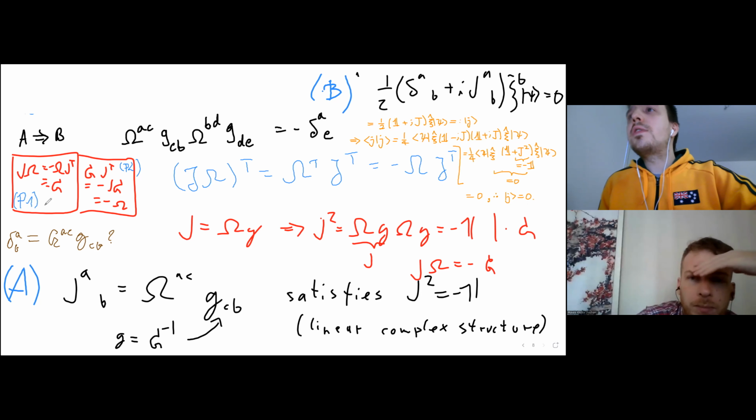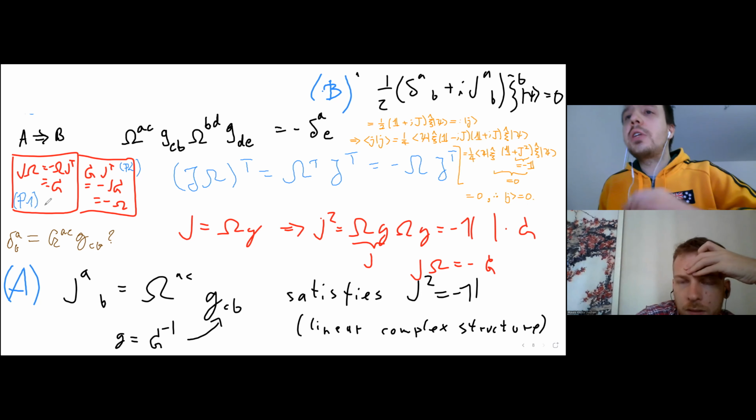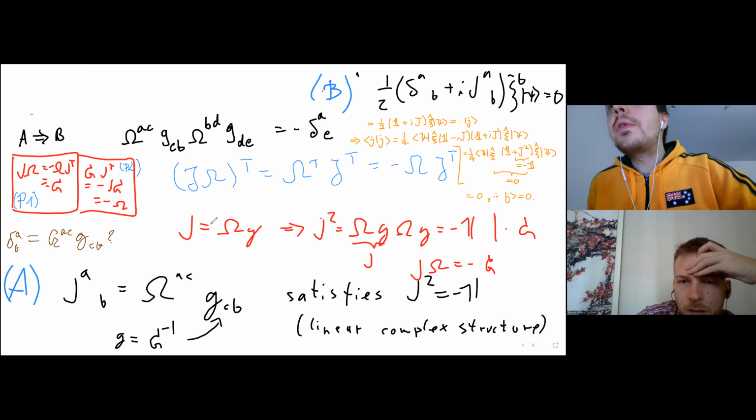So unfortunately, I just want to comment on what Siok wrote. Unfortunately, the proof the way you wrote it, I don't think that works. And the reason is that you don't take out the indices in a clear way.